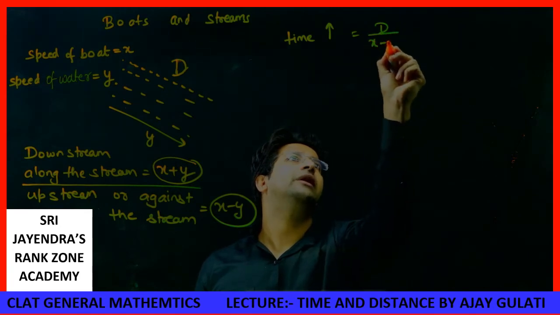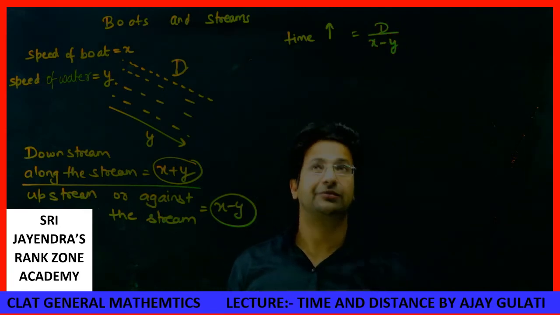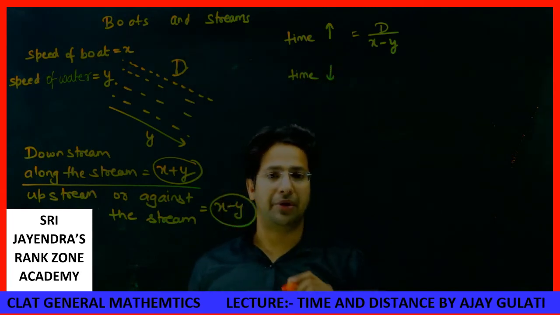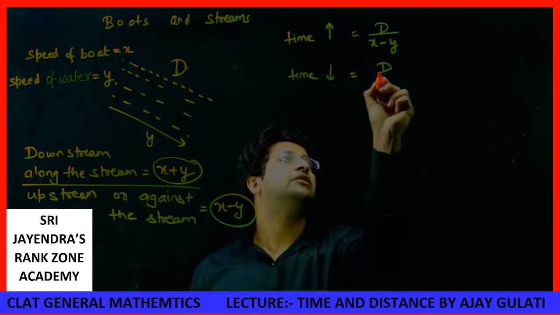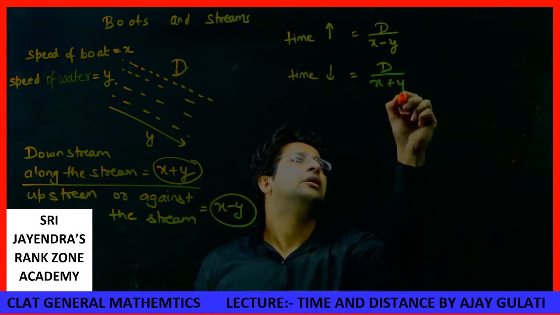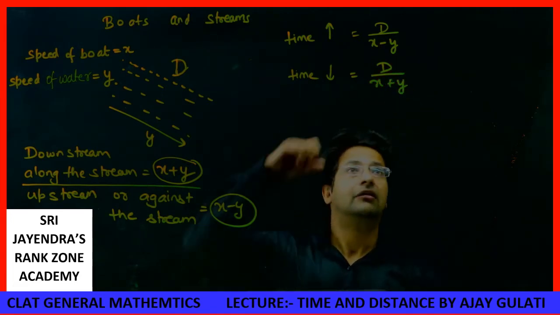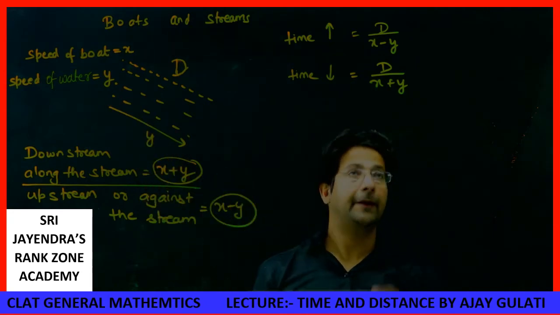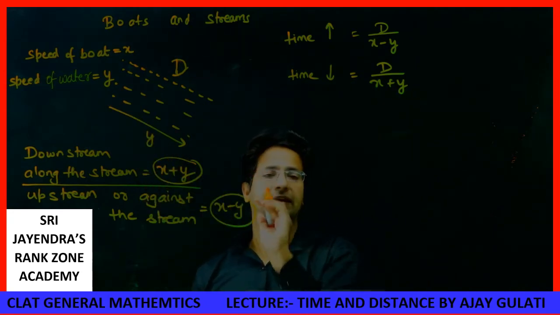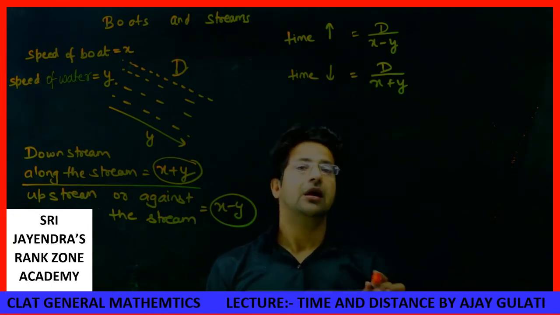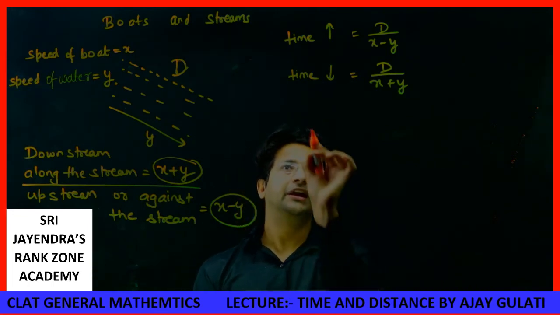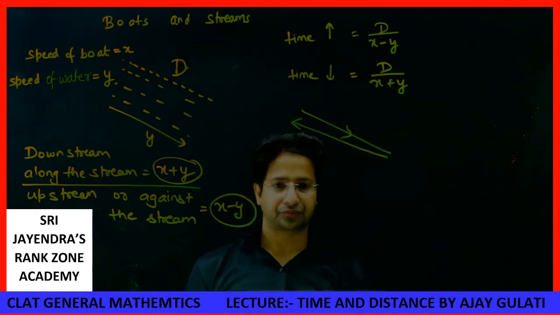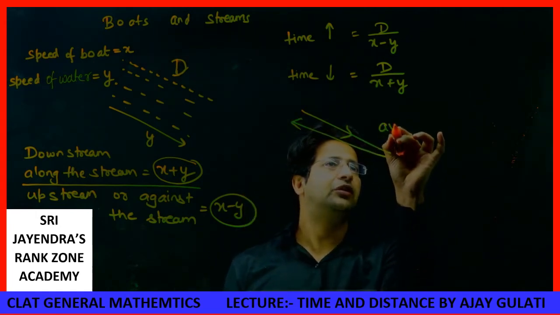The speed is x minus y. Time to come down will be distance upon x plus y. While coming down, my speed is x plus y. So far everything clear. Now student, a very important thing: if I go like this and I come back, average speed for this distance.